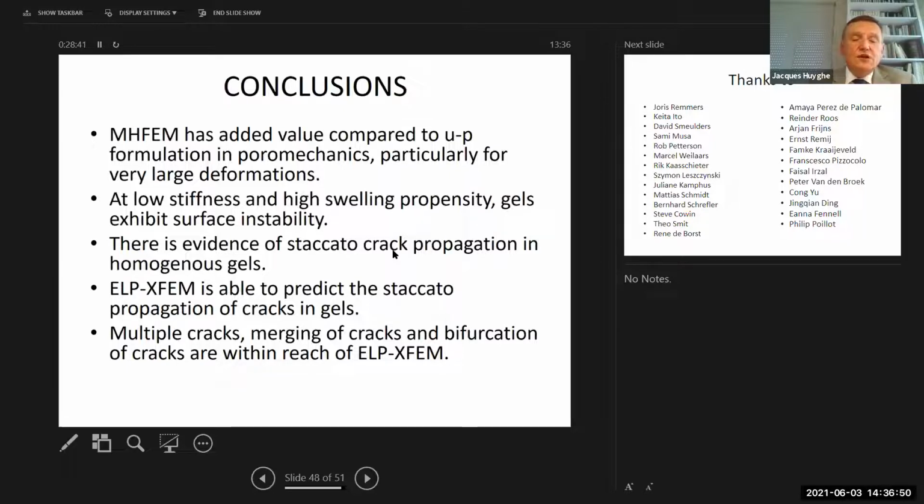There is evidence of staccato crack propagation in homogeneous gels, and enhanced local pressure and extended finite element method together is able to predict the staccato propagation of cracks in gels. Multiple cracks, merging of cracks, and bifurcation of cracks are within reach of enhanced local pressure, extended finite element method.